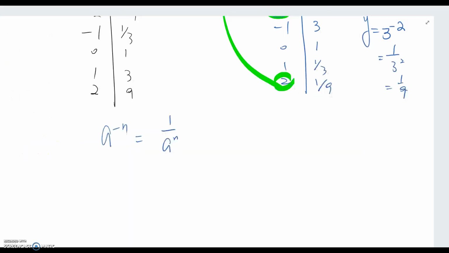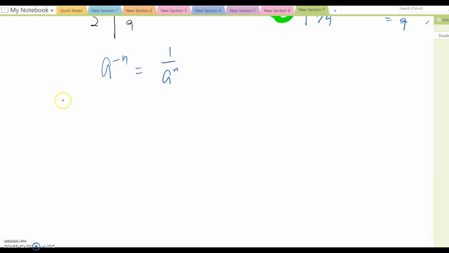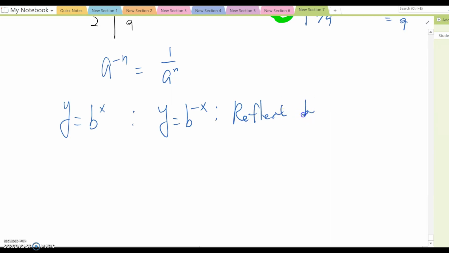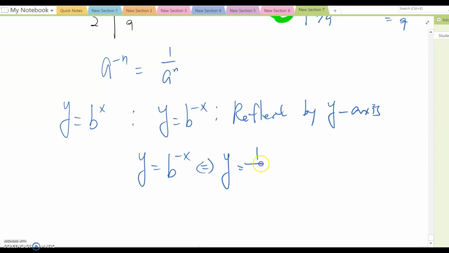So, summary here: y equal to b to the x, based on it, y equal to b to the negative x is a reflection by the y-axis. And another one, y equal to b to the negative x, we can rewrite as y equal to 1 over b to the x as well. Okay?